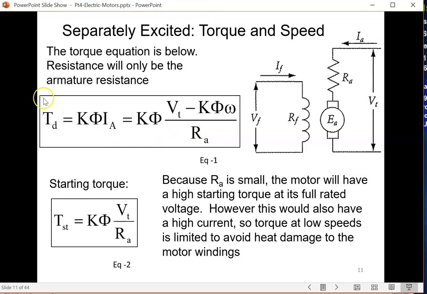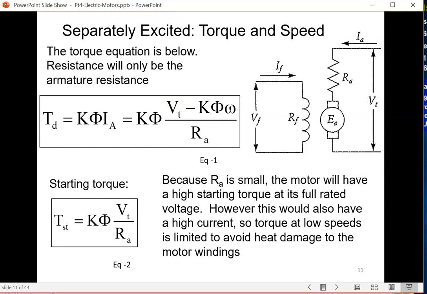So actually I can calculate the torque from the voltage supplied to the armature winding, the motor speed and the magnetic field of the motor. Okay, so that would be the equation given here. So if you know the voltage, you don't really need to find out the current first, just the speed.